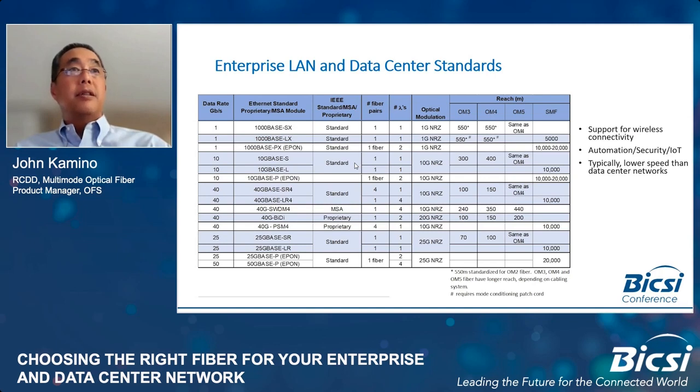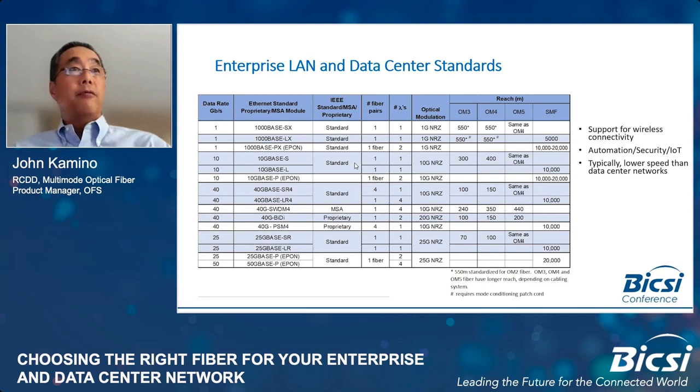And you can see that they used either 4 wavelengths in the SWDM solution or 2 wavelengths in the 40G BiDi solution. Those are not standardized, but they've been widely deployed. You'll also note there's a single mode solution, a 40G parallel PSM4 or parallel single mode solution using 4 pairs that could go out to 10 kilometers.